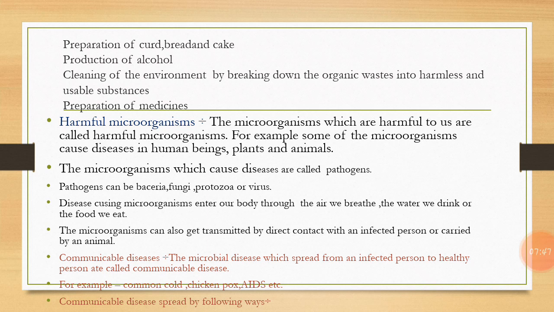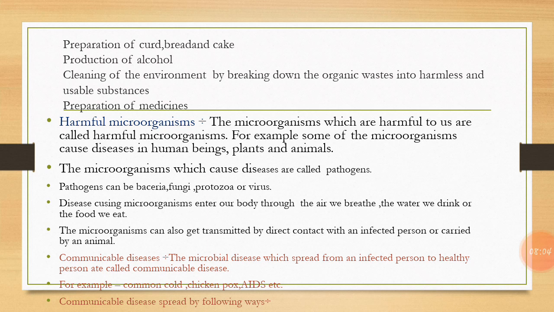Pathogens enter the human body through the air while breathing, the water while drinking, or the food while eating. Some are transmitted by direct contact with an infected person, and they are carried by animals also.